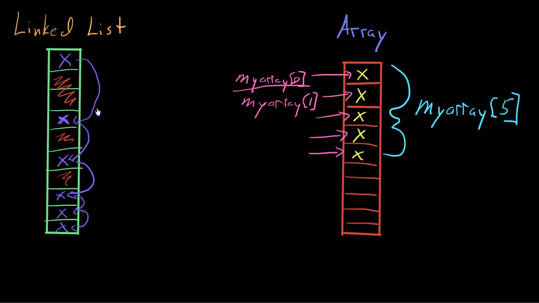Also, there's a slight overhead, and we'll see when we actually code these, that we're not just using an integer anymore. So in here, we're just using an integer. We're using an integer plus a little bit of extra memory, a little bit of extra area for this pointer. And so it's a little bit less efficient. So there's advantages and disadvantages.